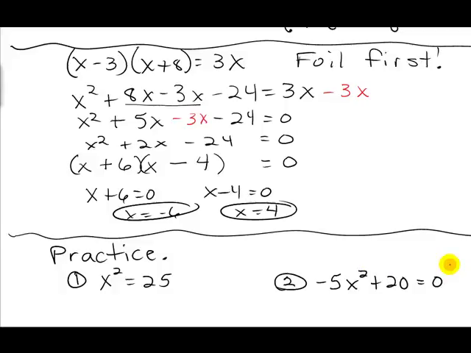So go ahead and pause. Work the problems, and then unpause and check your answers.